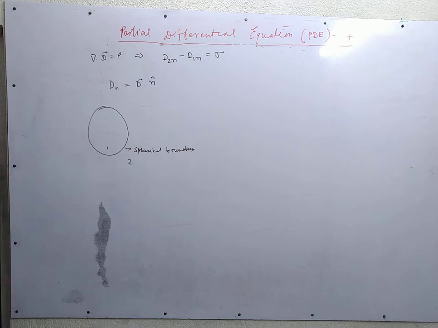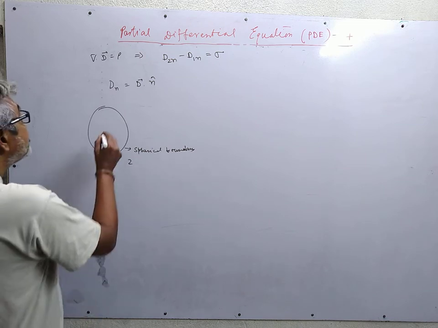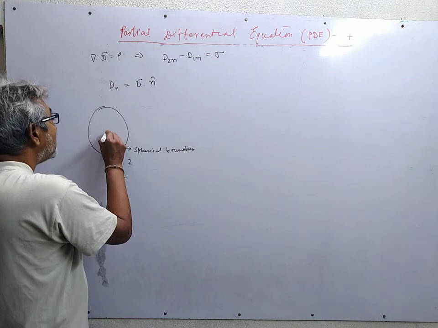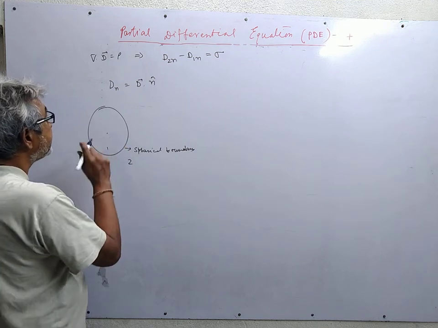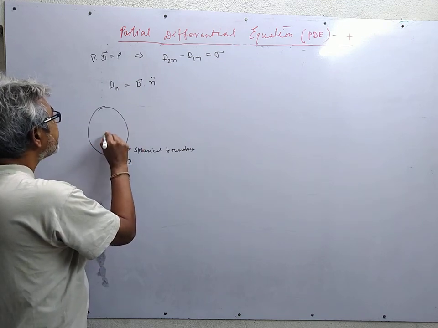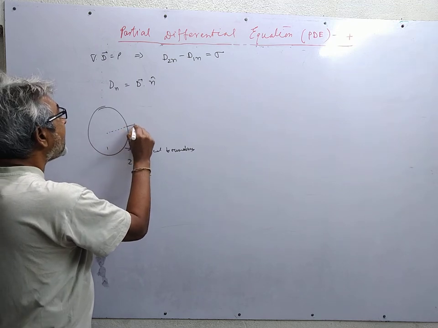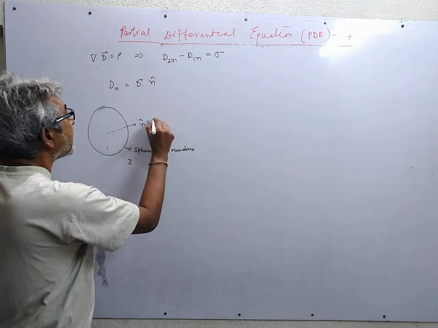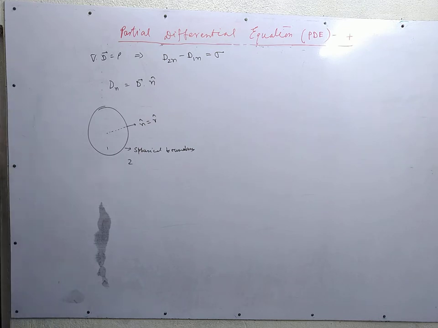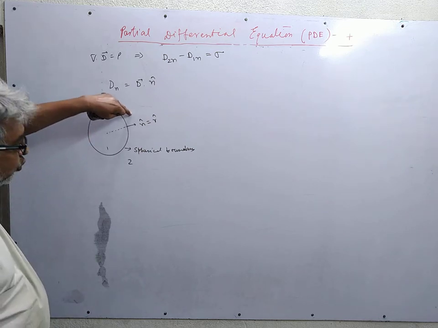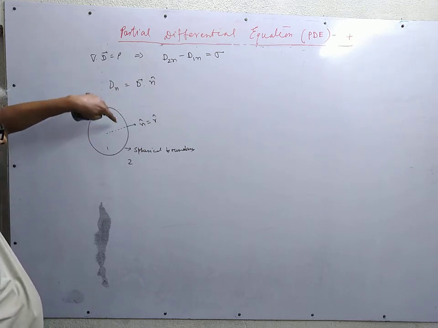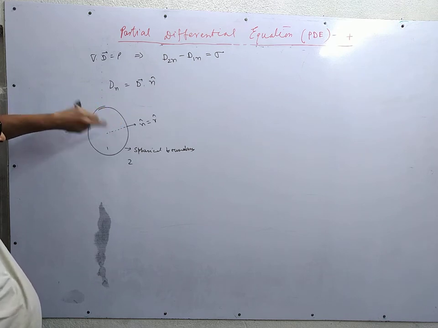Everything in region 1 is denoted by suffix 1 and every physical quantity in region 2 is denoted by suffix 2. So we choose the coordinate origin to be the center of the sphere. On the surface, the unit vector n cap is nothing but r cap. So for region 2 it is positive r cap and for region 1 it is negative r cap.